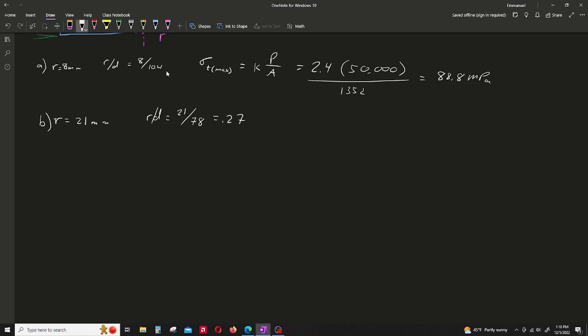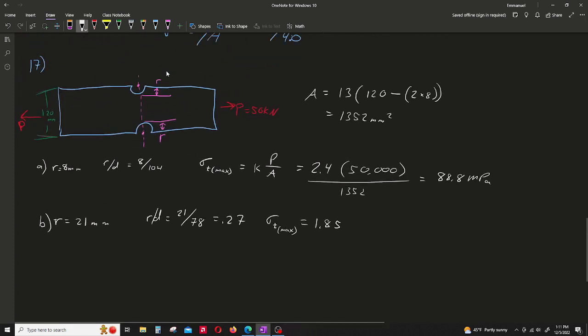And with 0.27, we will say that our K, let me write this, K, I'll say about 1.85 on that. And if you're not familiar with where I'm getting D from, hopefully you're looking at the graph, but D is just basically this information here.